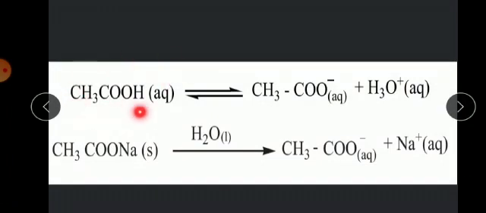The dissociation of buffer components occurs. CH3COOH aqueous gives CH3COO minus aqueous plus H3O plus aqueous. CH3COONa solid, in presence of water, gives CH3COO minus aqueous plus Na plus aqueous.